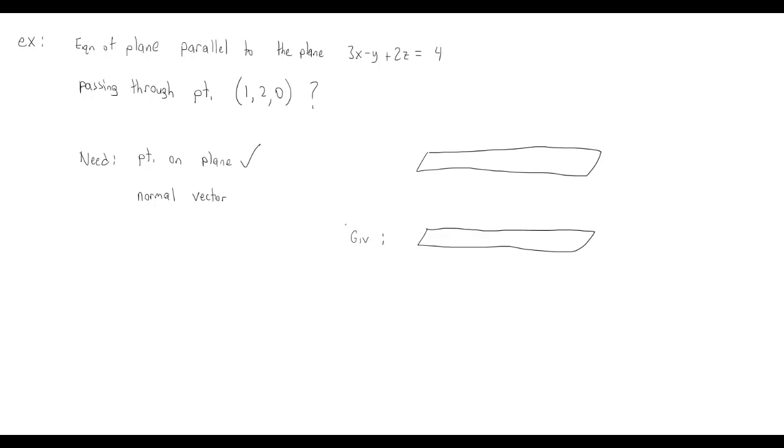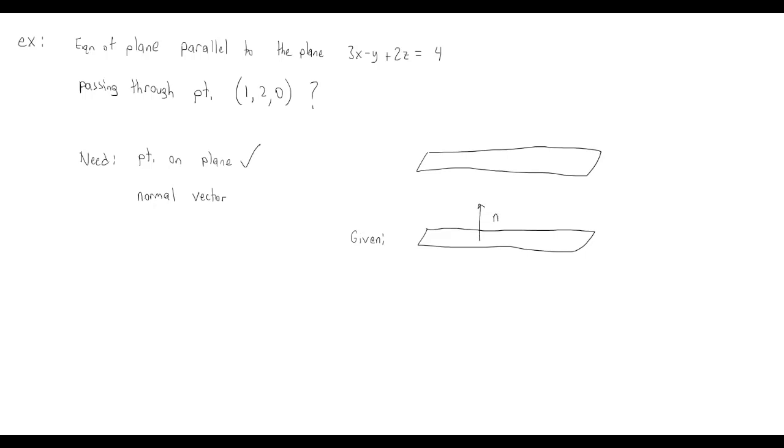So from the equation of the plane that was given to us, we can read off a normal vector for this plane by looking at the coefficients of x, y, and z. So remember, the coefficients make up the components of a normal vector to the plane.